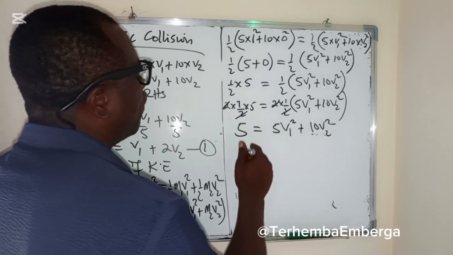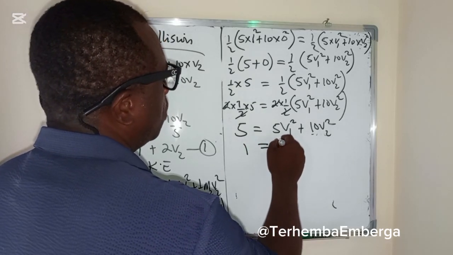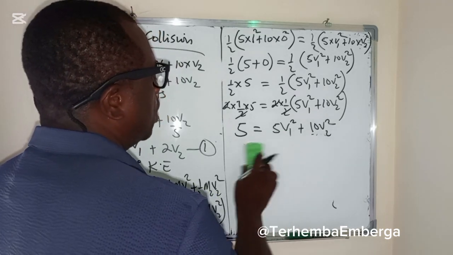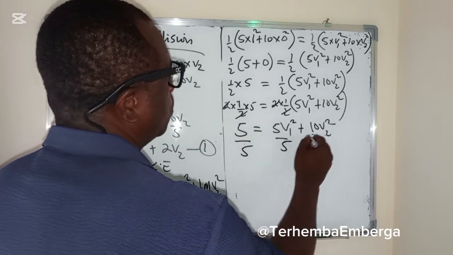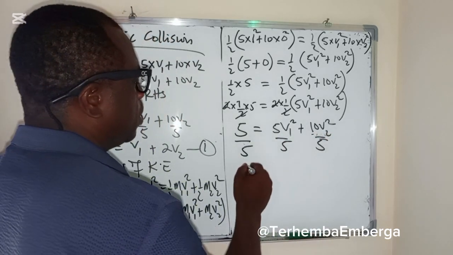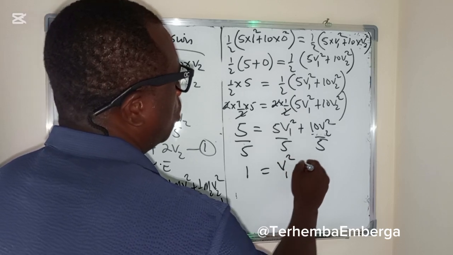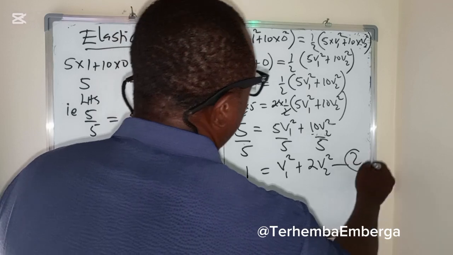Divide through by 5. So this becomes 1 equal to v1 squared plus 2v2 squared. And this is equation 2.